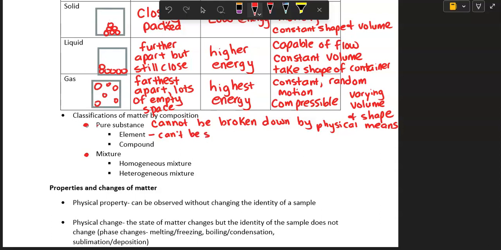And the best way to know if something is an element is to look at a periodic table. If it occupies a box on the periodic table, it's an element. So these are the simplest forms of pure substances. Compounds are chemically bonded elements. And so we can do chemical reactions that will separate the elements in a compound.